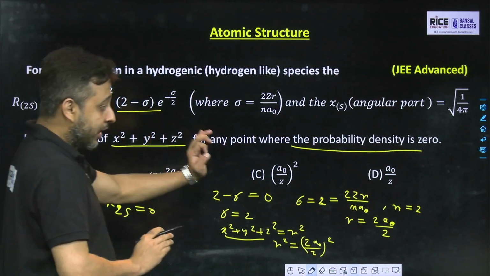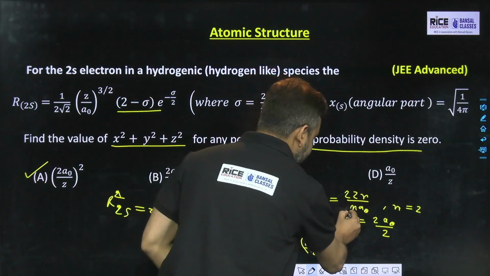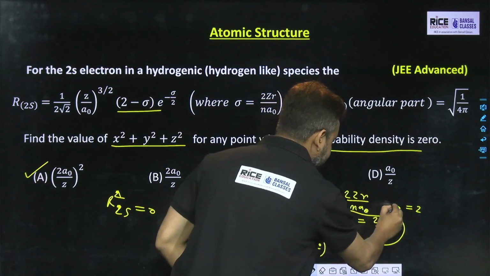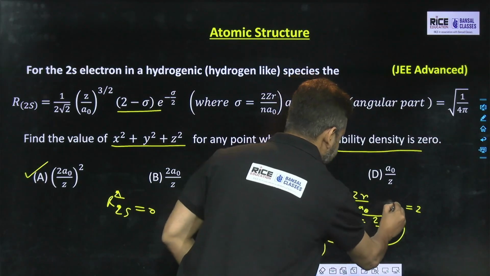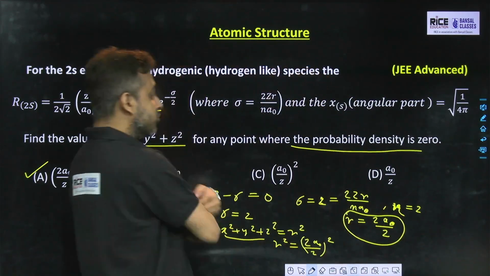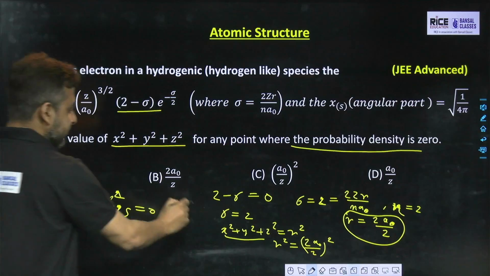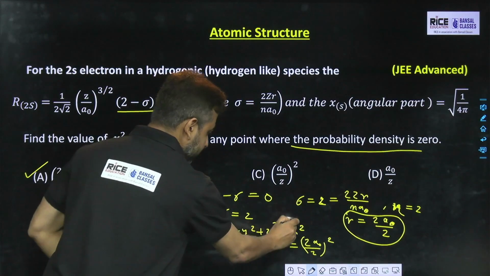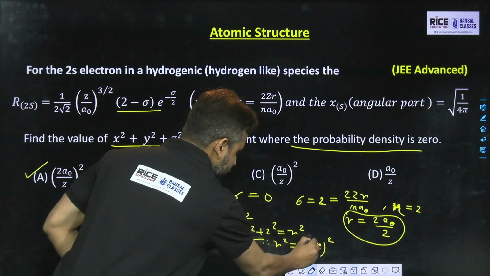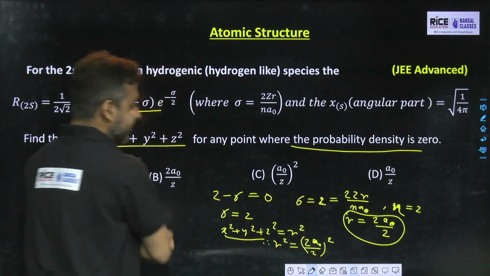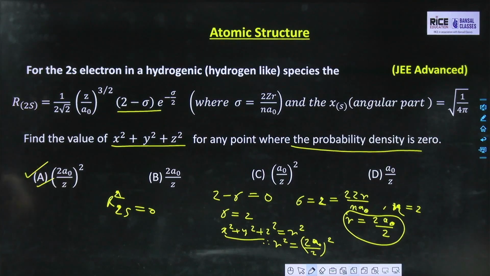Then r equals 2a naught by Z. Now x square plus y square plus z square equals r square, therefore r square equals 2a naught by Z whole square. That means option A is correct.